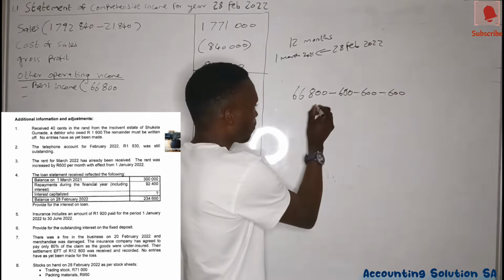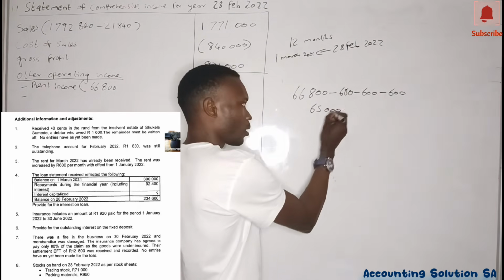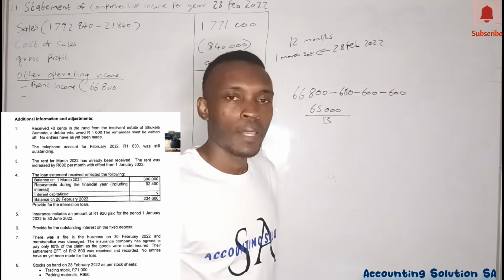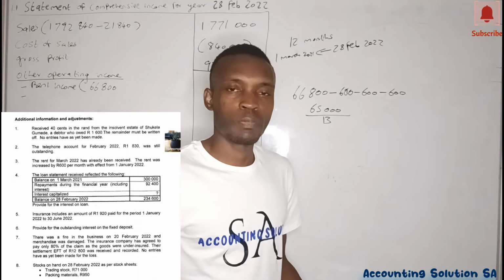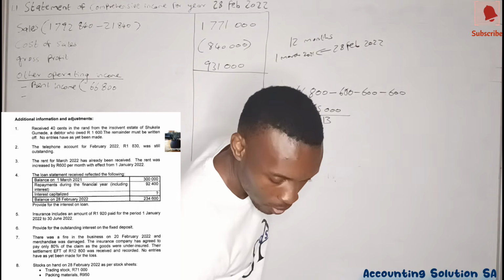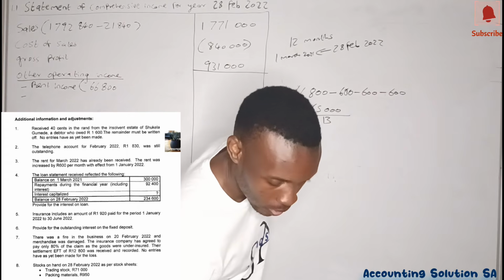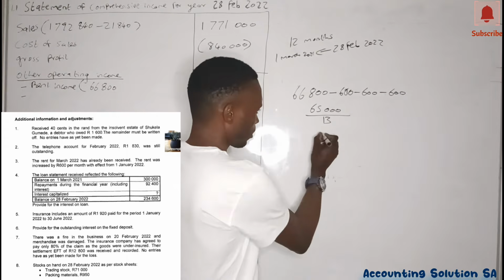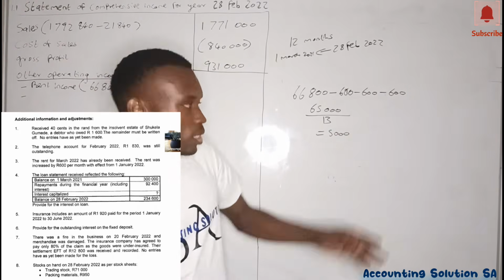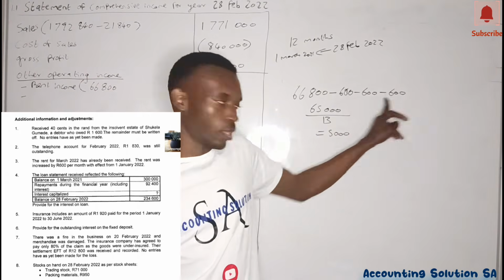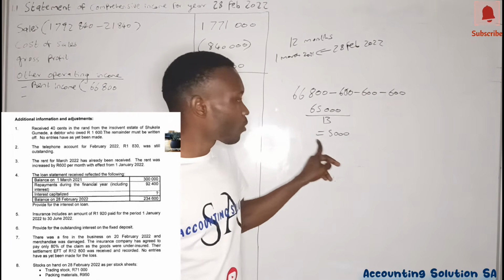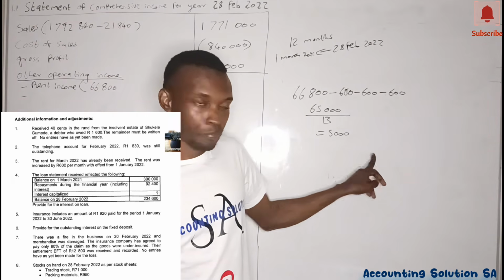It's going to give us 65,000. After that, we can divide by 13. Why 13? Because they also paid for March, which means they exceeded the 12 months. Divide by 13, and we get 5,000. That is the rent before the increase, because we subtracted the increase.